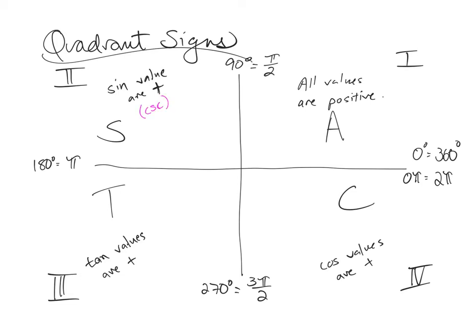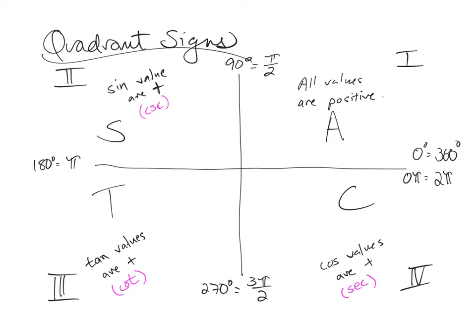And that's because the cosecant is the reciprocal of the sine function. So you may guess that in these other 2 quadrants down here, 3 and 4, there are also some extra functions that will also be positive. So down here in quadrant 3, it's not just tangent, but also cotangent. In quadrant 4, it's not just cosine, it's also secant that will be positive.